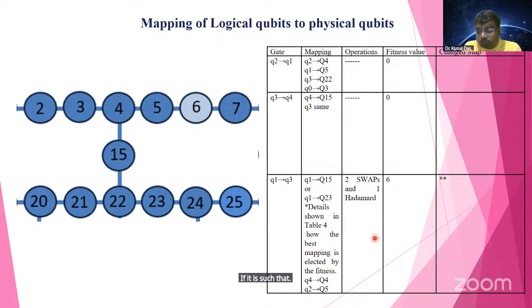We need to find out that the degree of Q2 will be placed with at least equal or higher degree in a physical qubit, then it will be less.